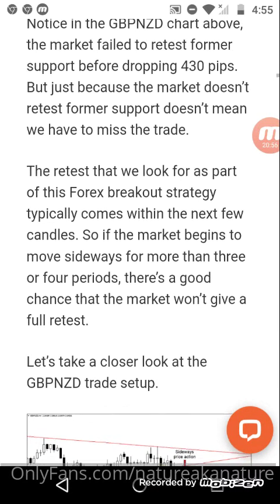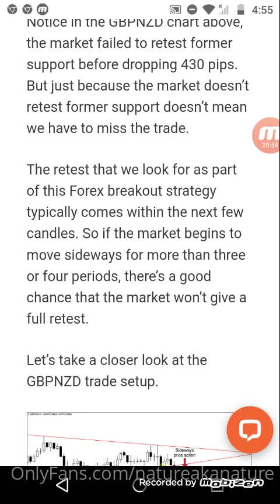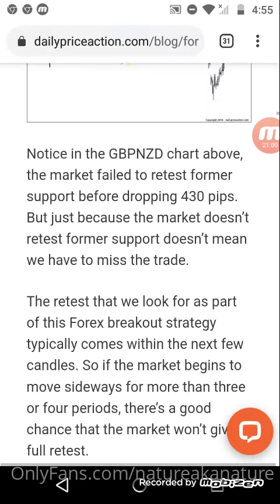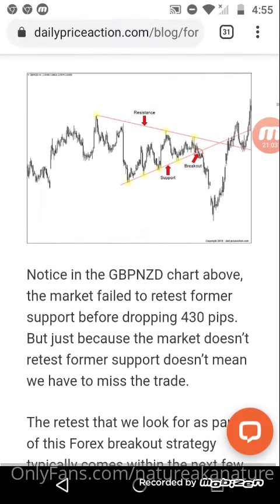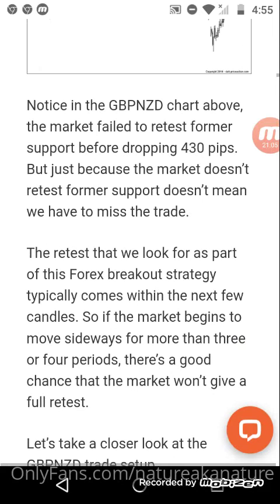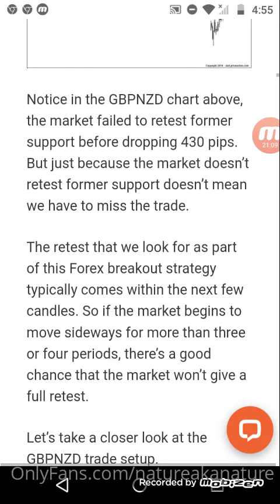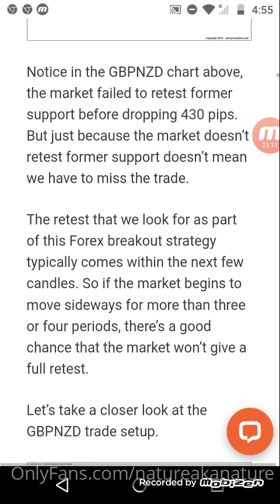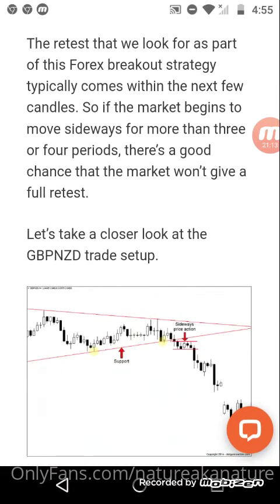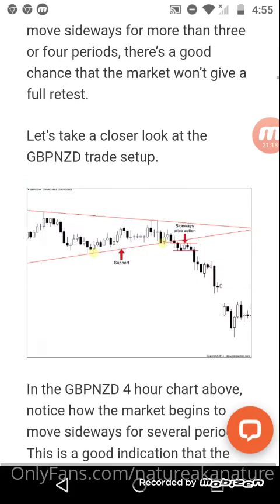If the market begins to move sideways for more than 3 or 4 periods, there's a good chance that the market won't give a full retest. Let's take a closer look at the GBP NZD trade setup. As you can see, in the last 4 periods it was consolidating, breaking out before breaking down to the downside.